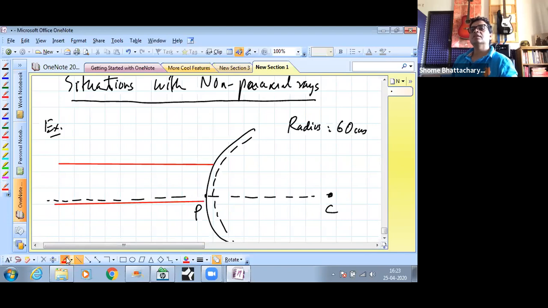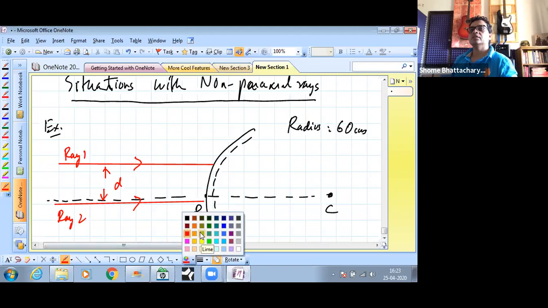So we have two incident rays like this, incident ray 1 and incident ray 2, both parallel to the principal axis, but the gap between them, this gap, is d. There are only two incident rays in the diagram, no third incident ray. Suppose this distance d is given as, maybe, 20 centimeters.